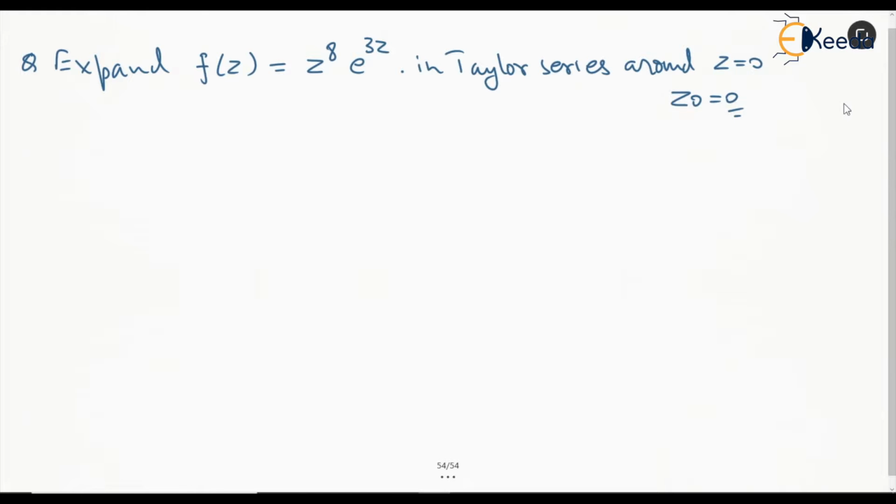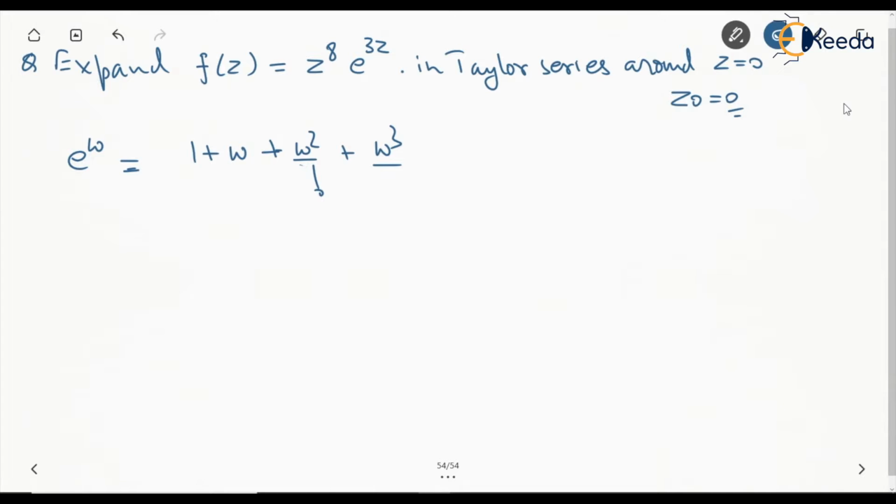Apart from that, we know the basic expansion of e to the power of, let's say, w. So e to the power of w has an expansion of 1 plus w plus w square by 2 factorial plus w cube by 3 factorial, and so on.